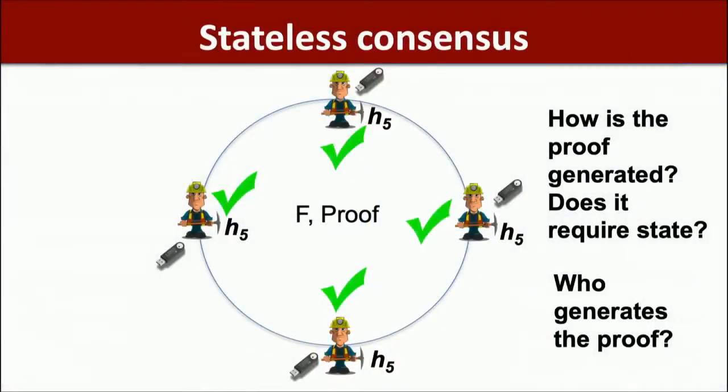So the work has been shifted from the miners and the validators to the users who store and maintain these proofs. The question is, of course, what do these proofs look like? How are they generated? Do they require the state? Who generates them? And so on. But what this general paradigm of having a transaction which proves that it's correct with respect to the state does is remove this dependence in the consensus.